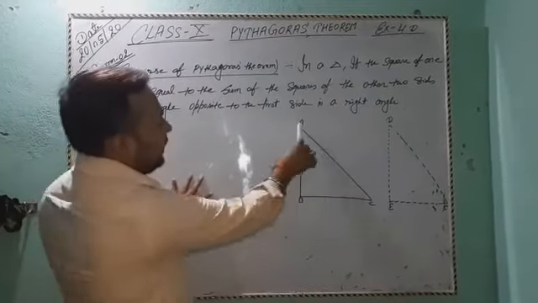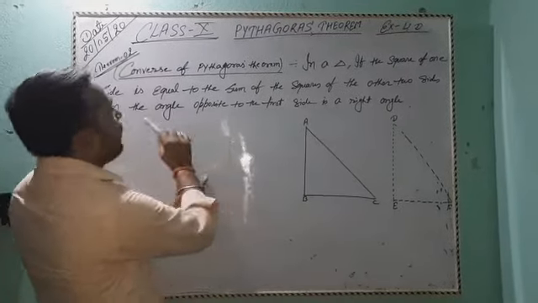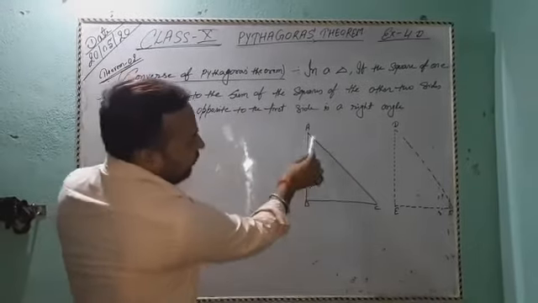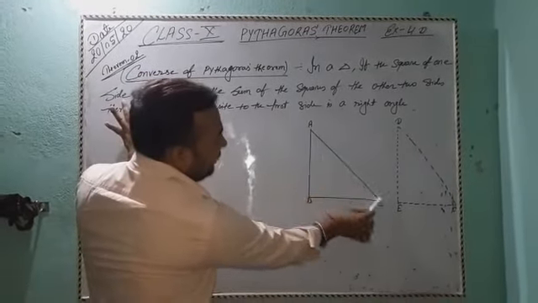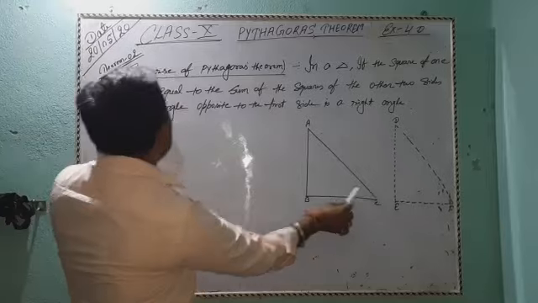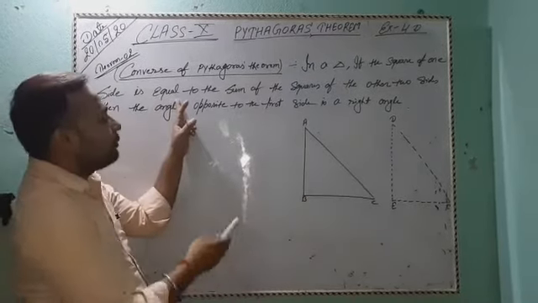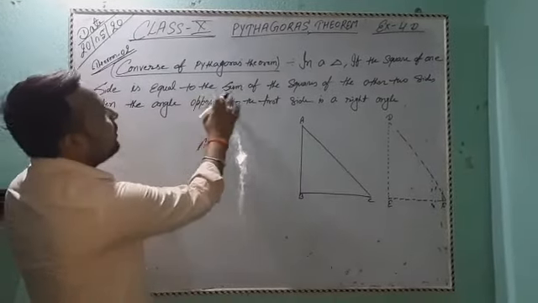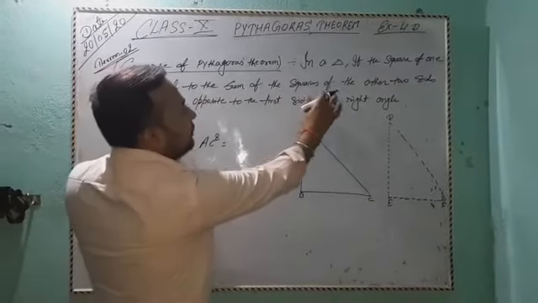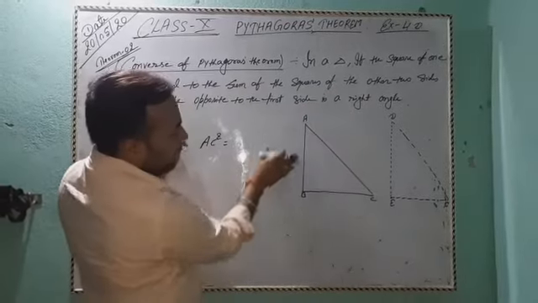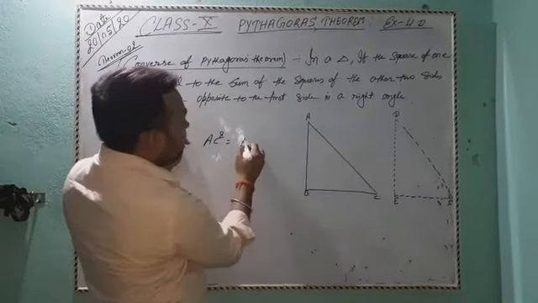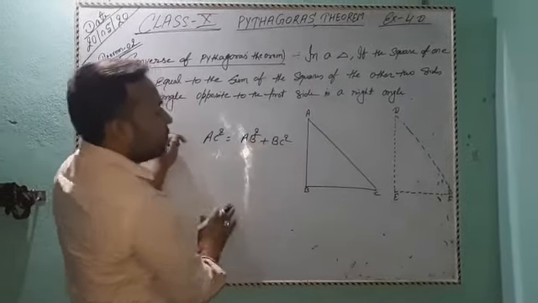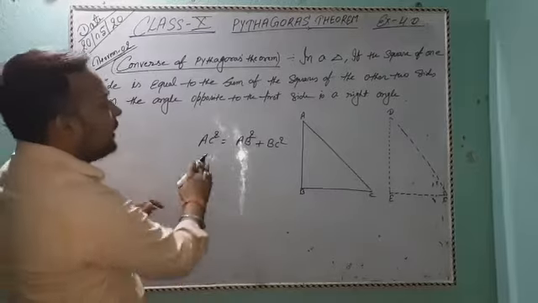A triangle ABC in which the square of one side, the first side AC, AC square equals the sum of the squares of the other two sides, it means AB square plus BC square.